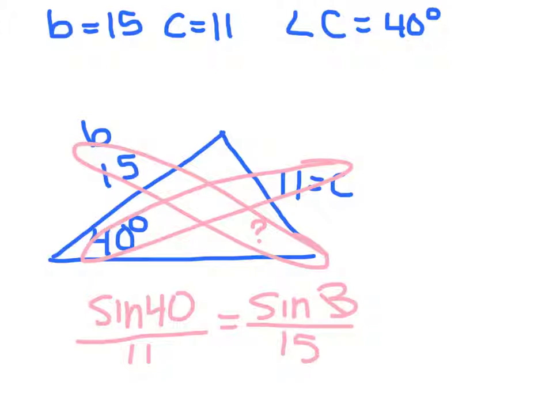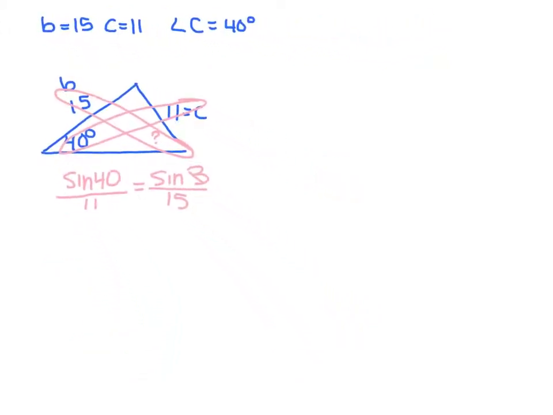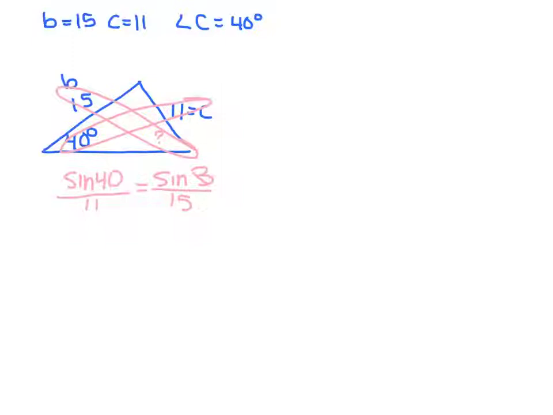Okay, so let's make that happen. I'm going to make this a little bit smaller. I've got 15 times the sine of 40 equals 11 times the sine of b. So I'm going to type into my calculator 15 times the sine of 40, make sure I close my parentheses, divide by 11.